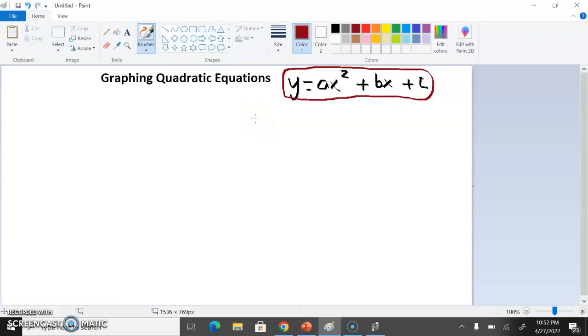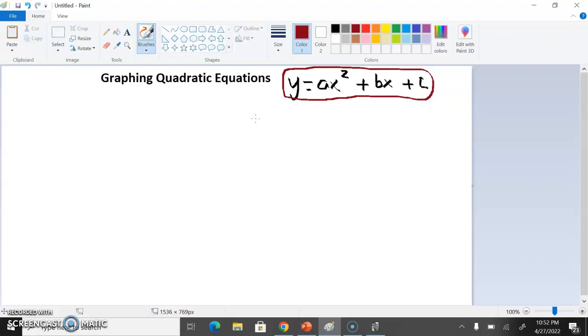We also use the calculator after we get the graph to find the minimum or the maximum, depending on whether the parabola opens upwards or downwards. And then we have to find the zeros, which are the x-intercepts on the graph. So those are a few things we learned about graphing quadratic equations using our graphing calculator.